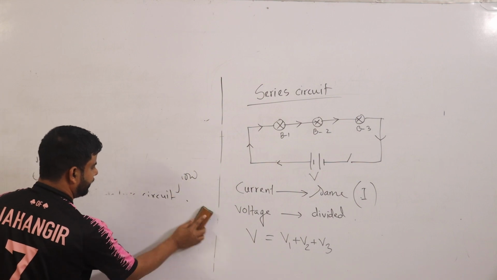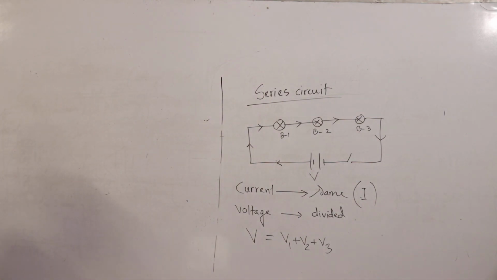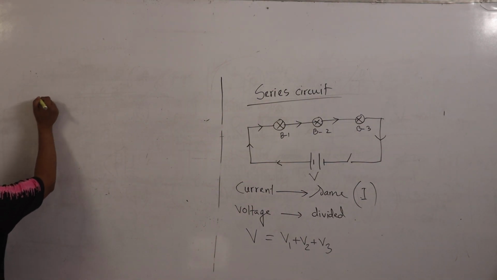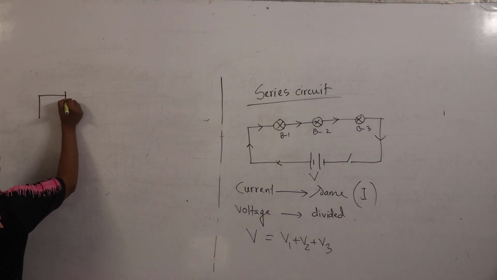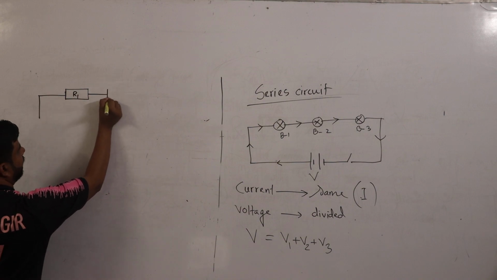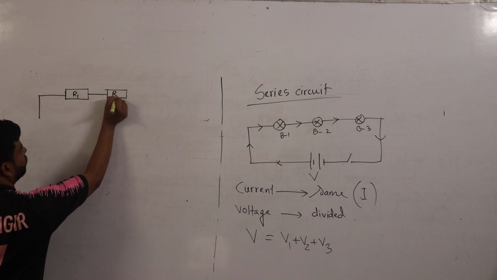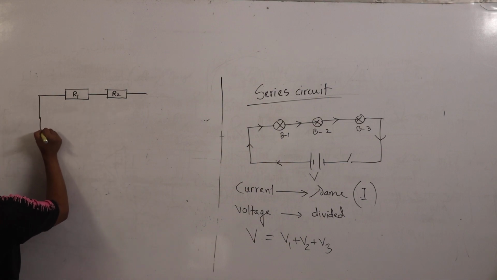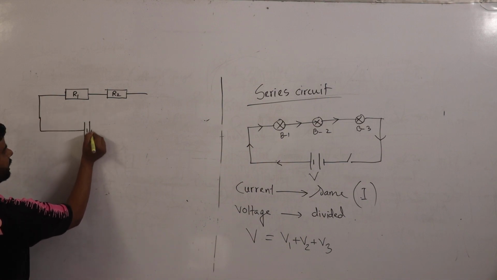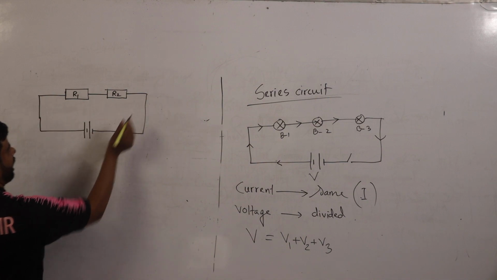In a series circuit, if resistors are connected in this way, say this one is resistance R1 and another is resistance R2, they are connected in series because there is no alternating path of current flow.